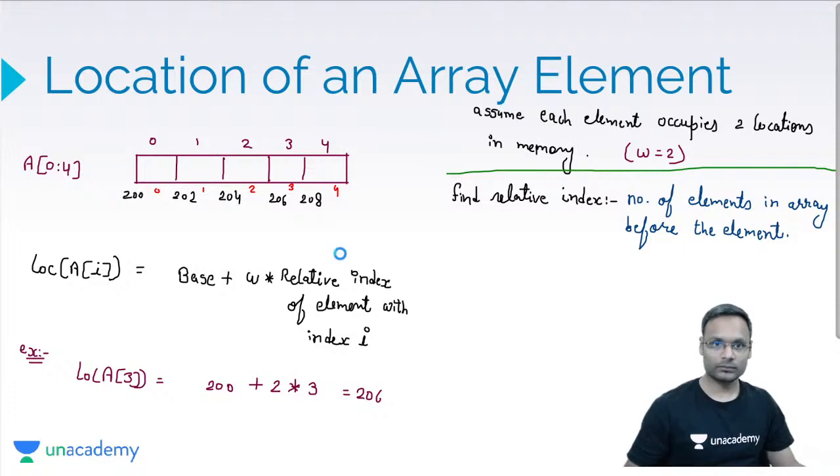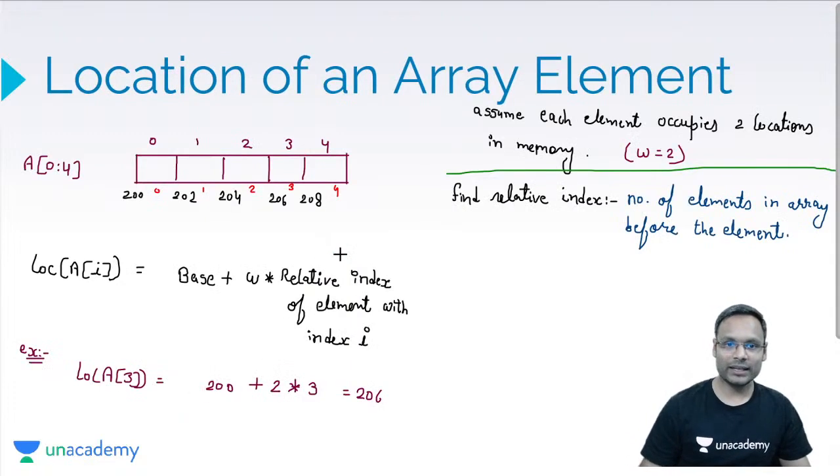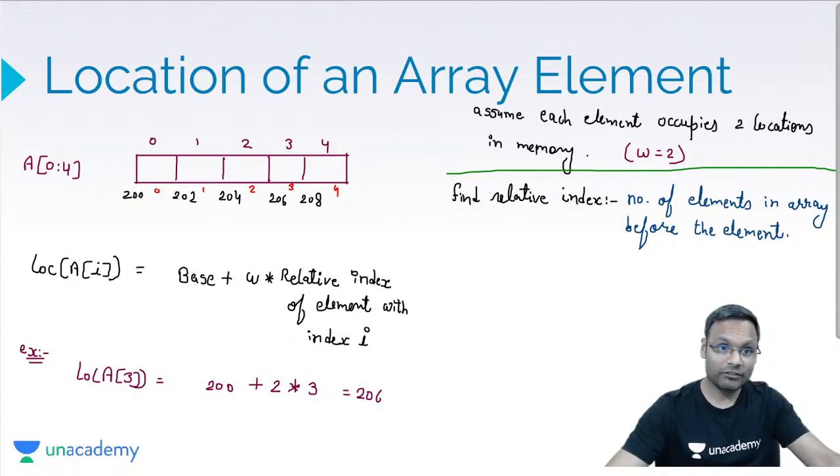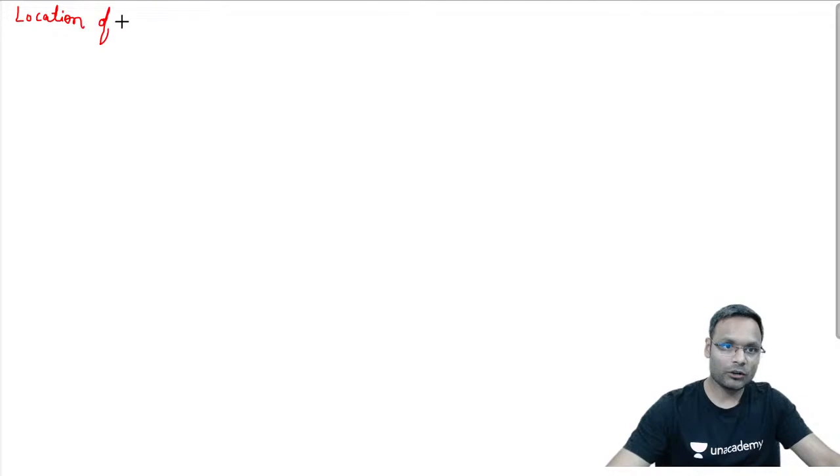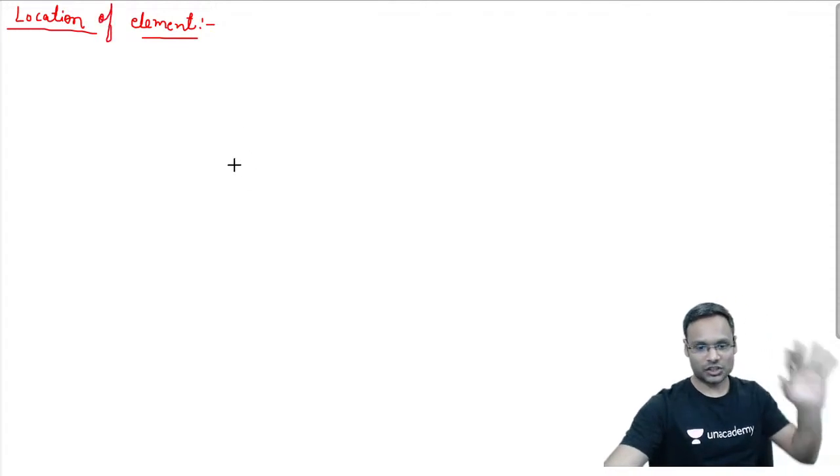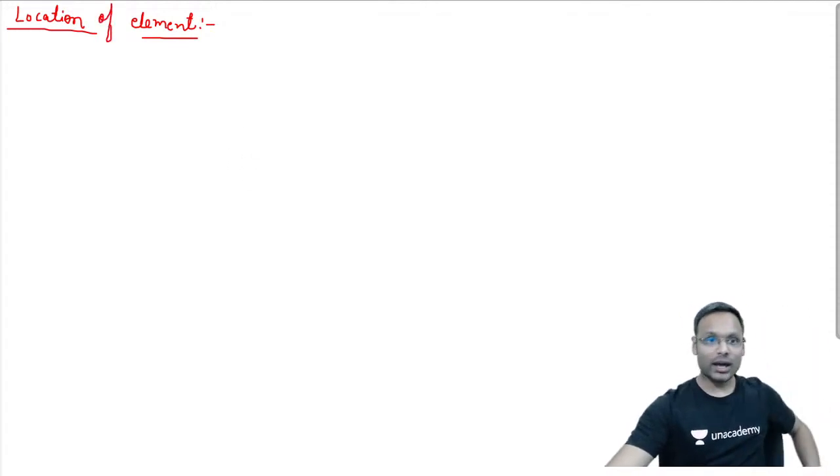Perfectly correct. Fine. I'll have to take one more page here. We will have to take some other example. We are calculating the location of an element in the array. अभी फॉर्मूला पूरा बना नहीं है बॉस, अभी जस्ट एग्जाम्पल्स ही चल रहे हैं. We are just trying to get the formula.